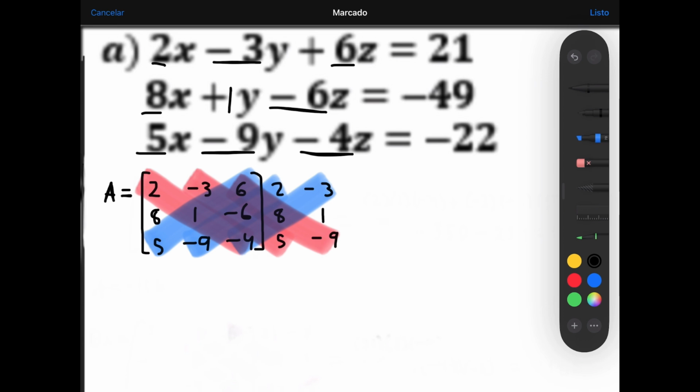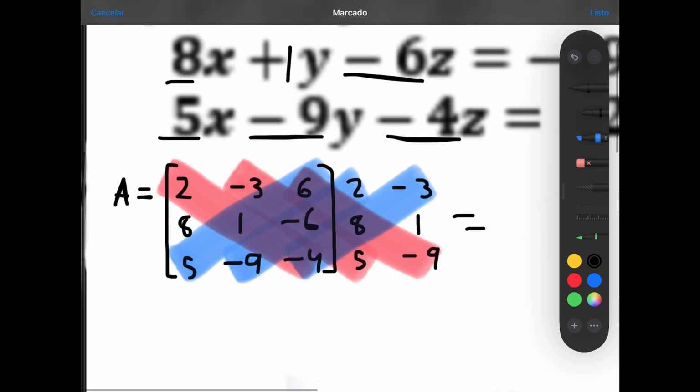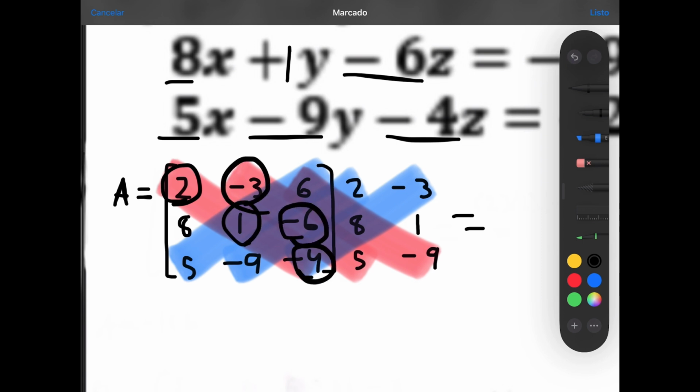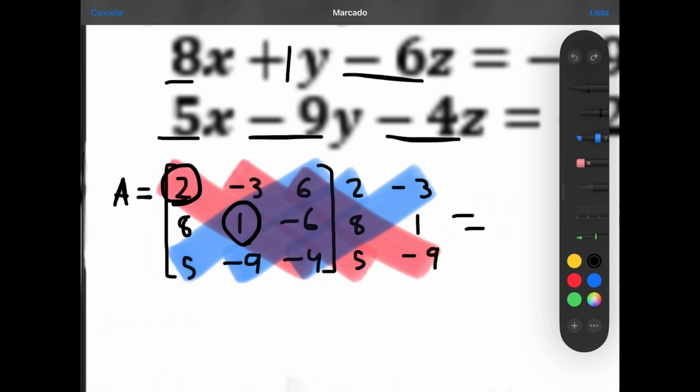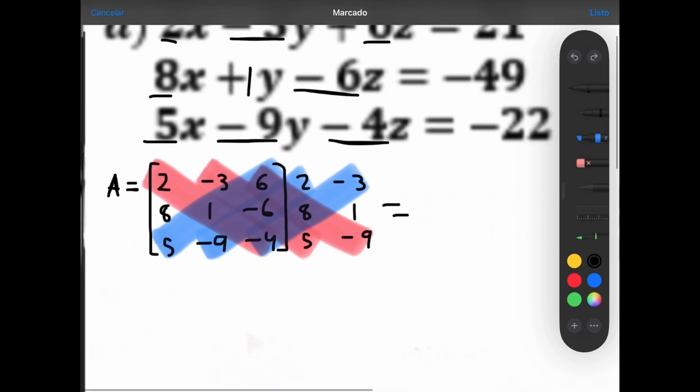Now it will be multiplying this one, this one, this one, plus this one, this one, this one, plus this one, this one, this one, minus this one, this one, this one, and so on. So it's a long process, but let's do it.